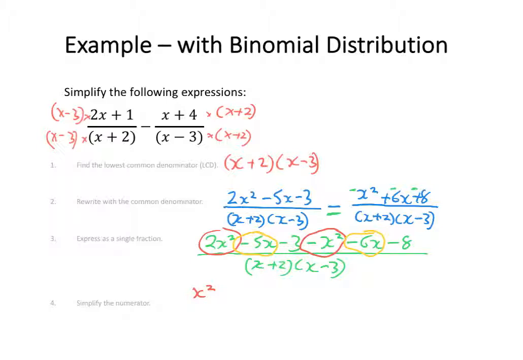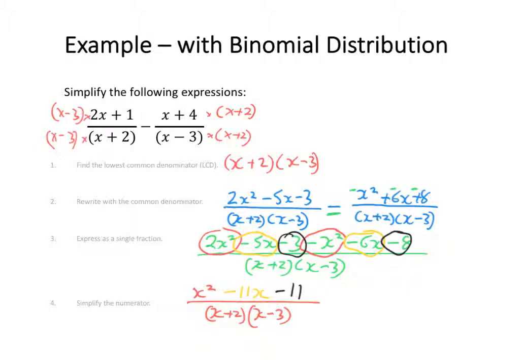So that is going to add together to get me negative 11x. And then I have a negative 3 and a negative 8. So that's going to add together to give me a negative 11. And then I need to put that over my common denominator. So x plus 2, x minus 3.